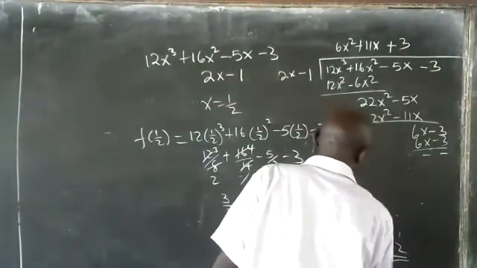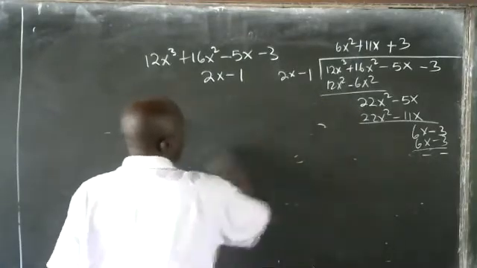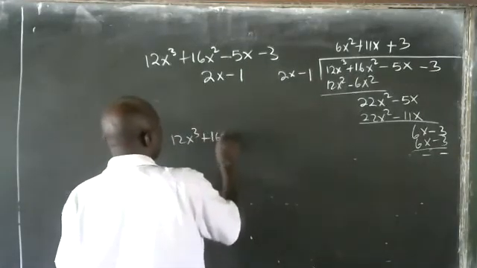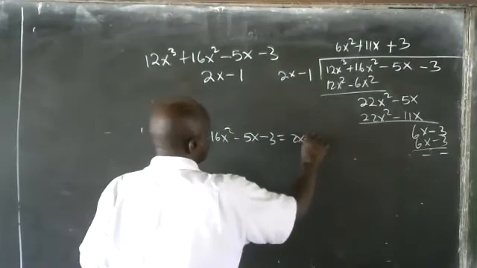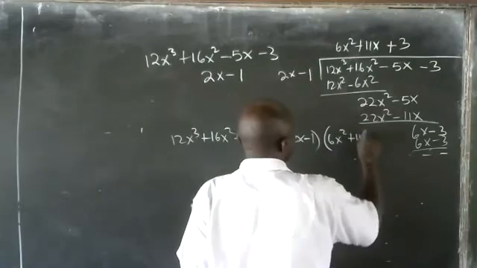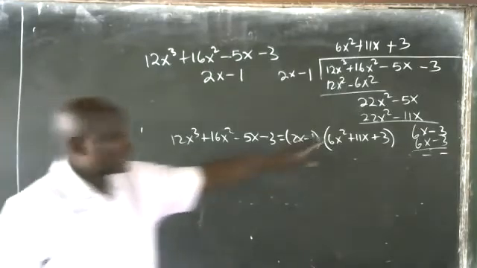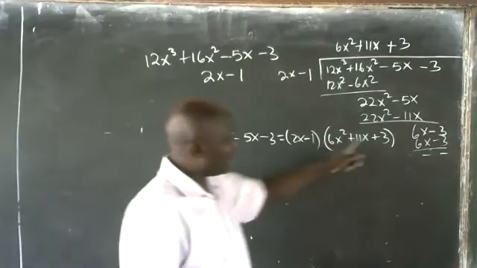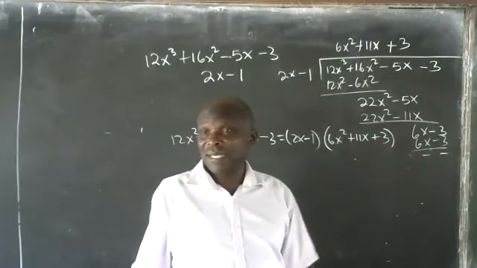So therefore, we'll have now our 12x cubed plus 16x squared minus 5x minus 3 is equal to 2x minus 1 into bracket 6x squared plus 11x plus 3. Now we factorize this using our O-level mathematics. 6 times 3 is 18. Factors of 18 that can give you 11 are 9 and 2.